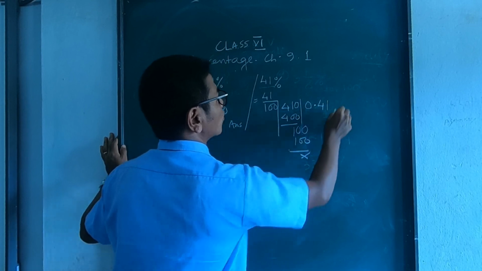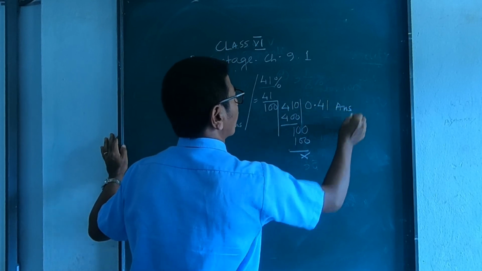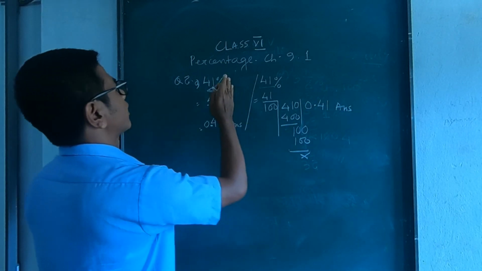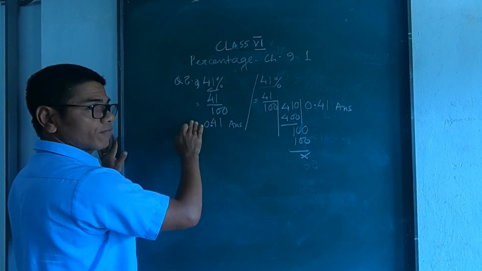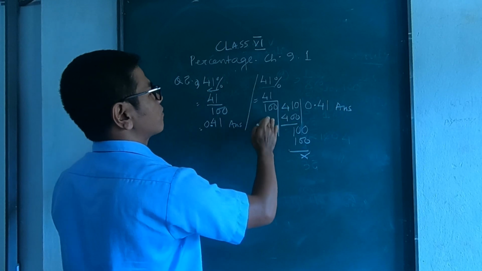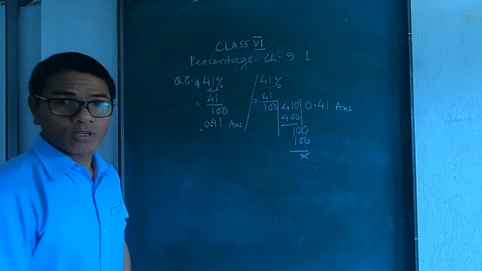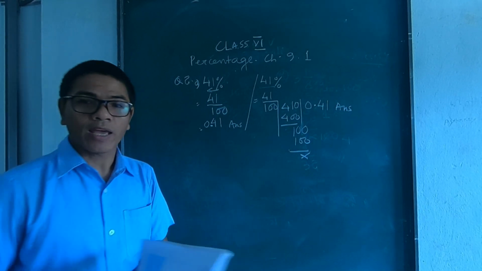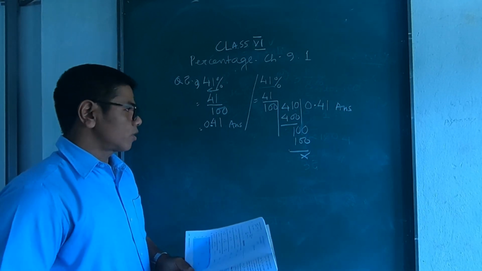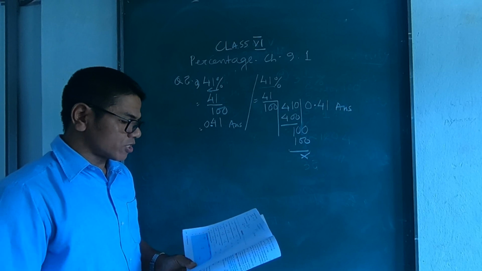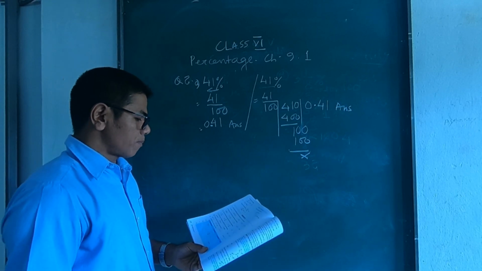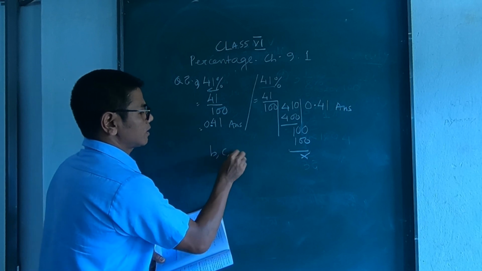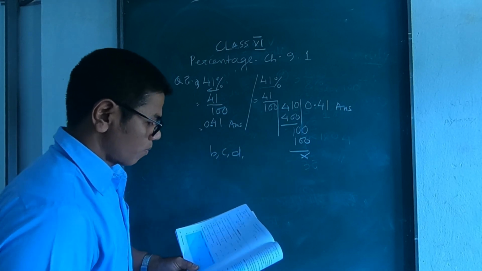So this way you can also find your decimal. So there are two ways. One is moving from right to left, and the other is by dividing with 100. So you can follow any method you prefer. Try it at home. So you try the other sums. They are very simple. So you try B, C, D and E at home.